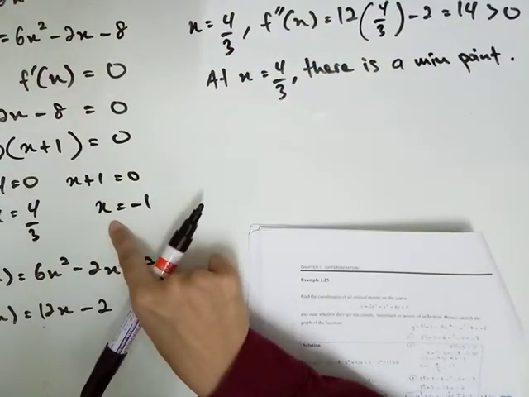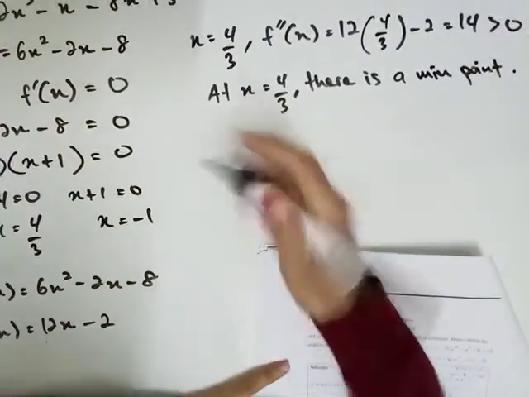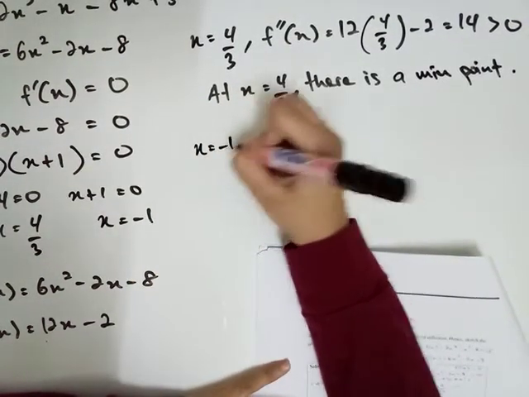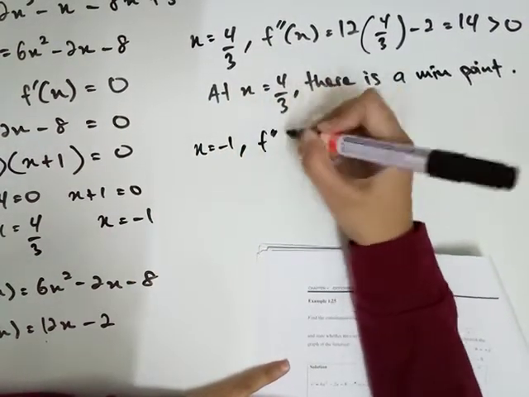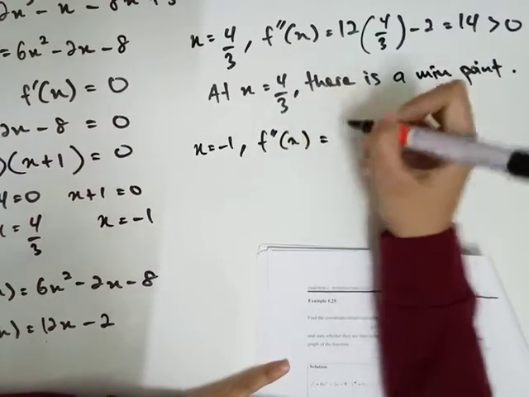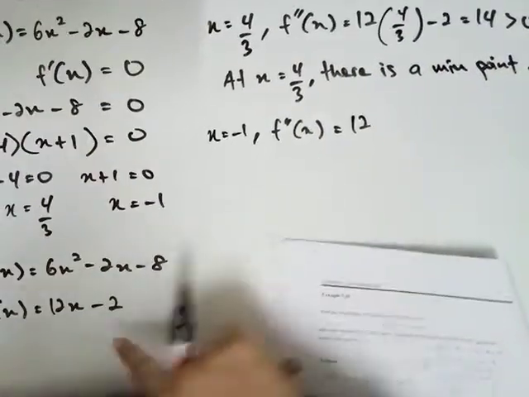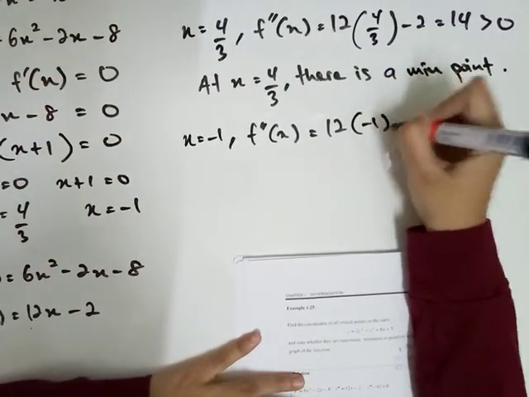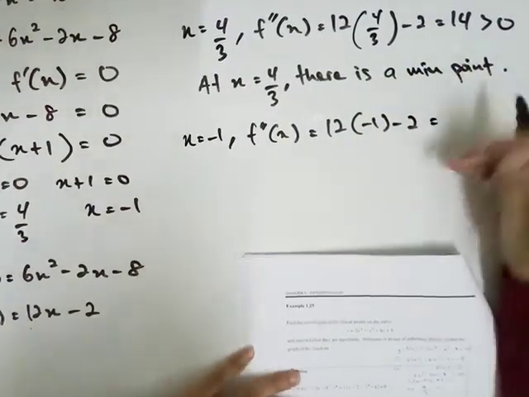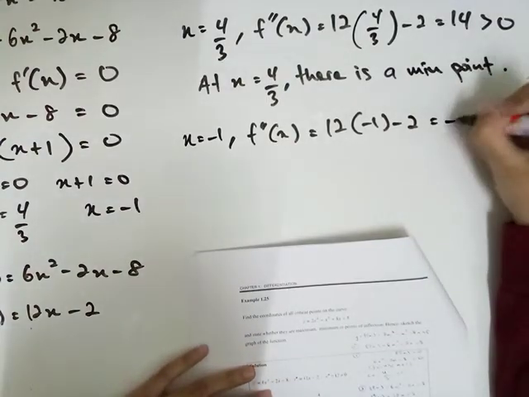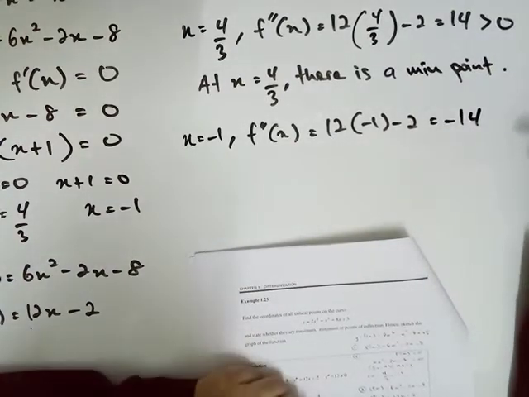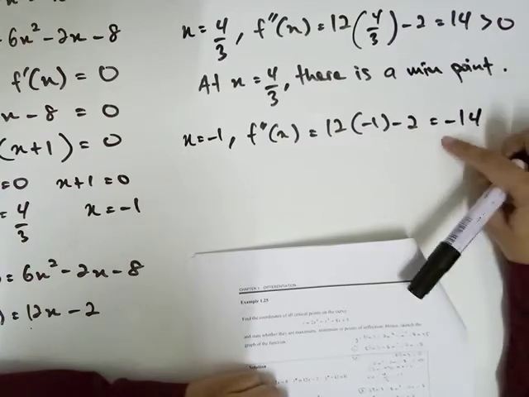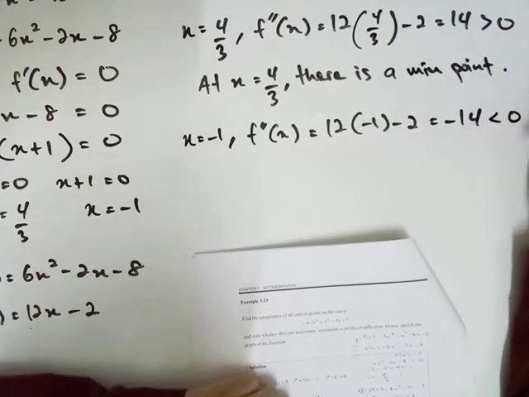What about x equals negative 1? At x equals negative 1, substitute into the second derivative, 12x minus 2, right? So x equals negative 1 here, minus 2. Then you solve and you will get negative 14. So negative 14 is less than 0.